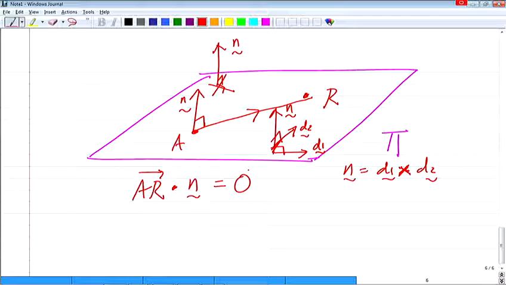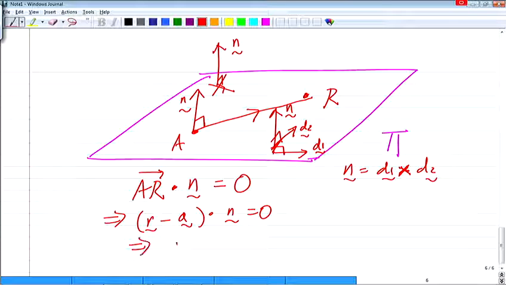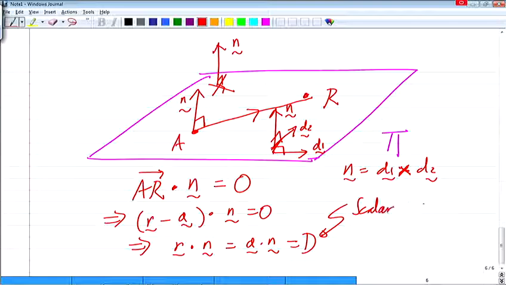So AR dot n has to be 0, which then gives us (R minus A) dot n equals 0. This will then give us R dot n equals A dot n, which is a scalar number, we call it D. So this is known as the scalar product form.